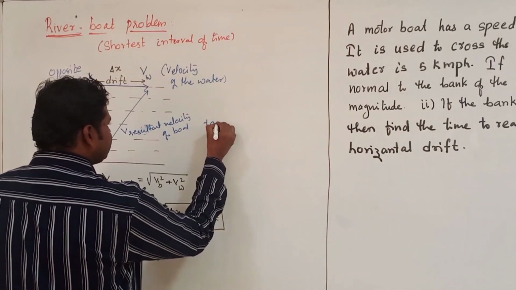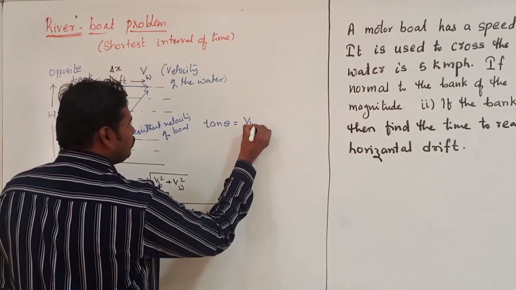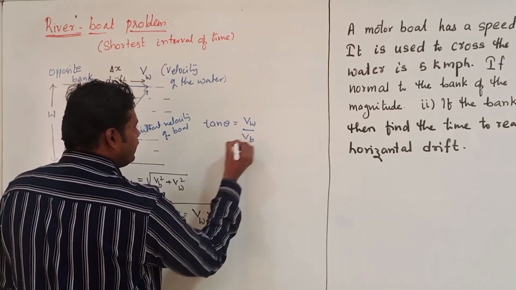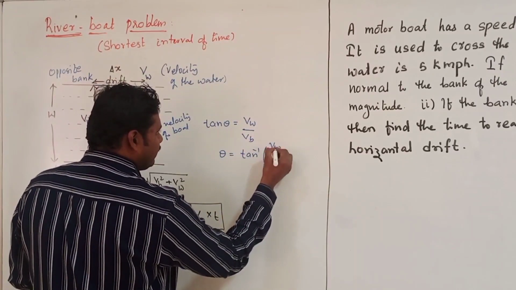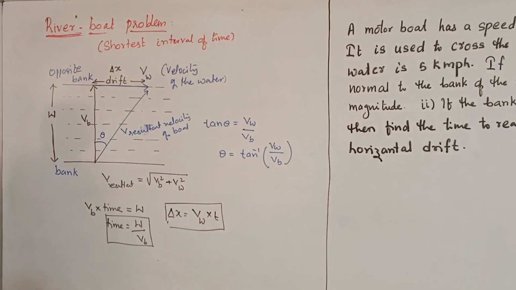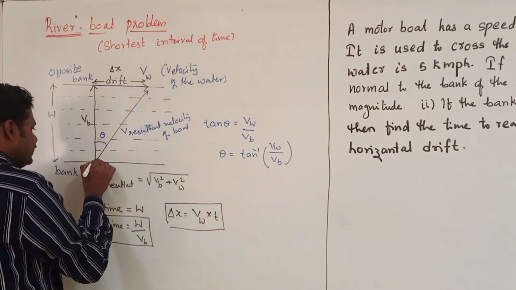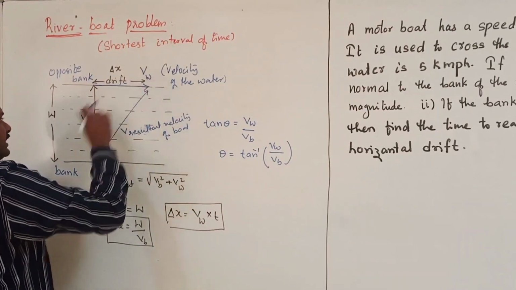You can write tan theta is equal to VW by VB. Theta is equal to tan inverse of VW by VB. So this is the general procedure to find the resultant velocity of the boat in the shortest interval of time, reaching from this bank to the opposite bank. Here this will be the shortest time.